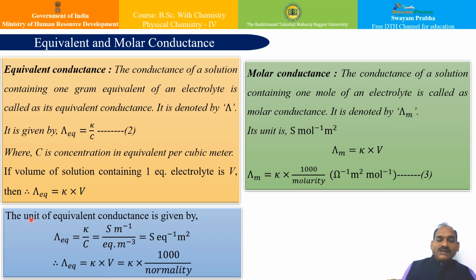Whereas the unit of equivalent conductance, kappa upon C, is Siemens per meter upon equivalent per meter cube, so Siemens meter square per equivalent. Kappa into 1000 upon normality will be the definition of equivalent conductance.